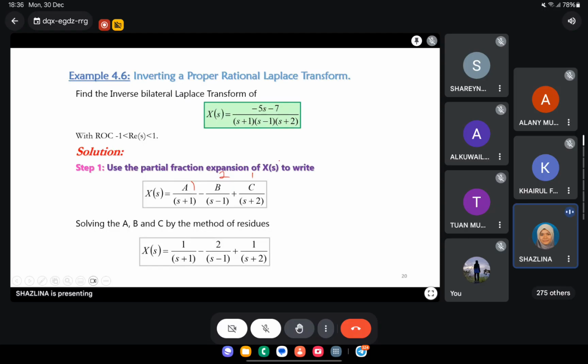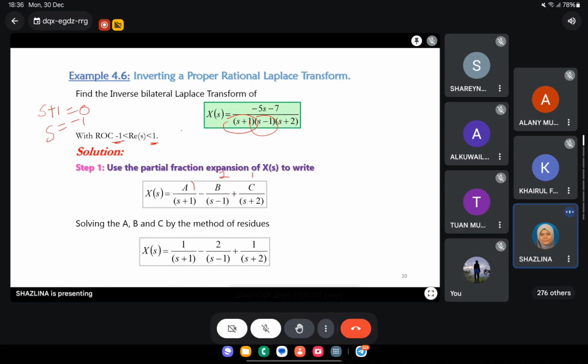Okay. Now, we will ignore first the negative term ni, we'll look back. Now the ROC is bigger than minus 1 and smaller than 1. So this minus 1 and 1 ni is referring to apa? Which one? To this pole here kan? Betul tak? Meaning that s plus 1 equals to 0, s is negative 1.